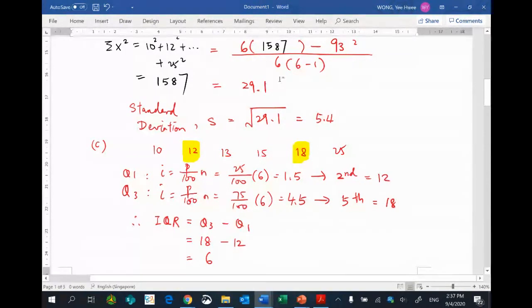Okay, so if you know how to do a calculation for all these measurements, mean, median, mode, range, interquartile range, variance, standard deviation, and quartiles, then you're okay with this topic.